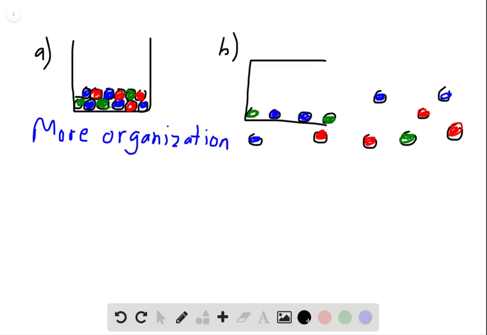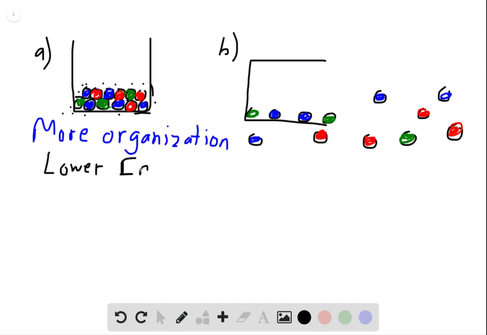It's geometric, kind of looks like a trapezoid here, very geometrically arranged. This is going to have an entropy that is indicative of less disorder.